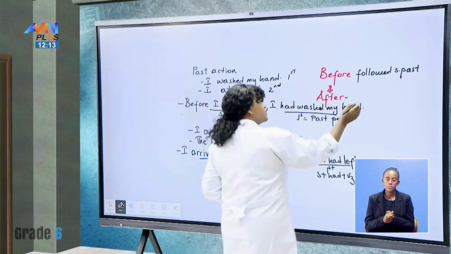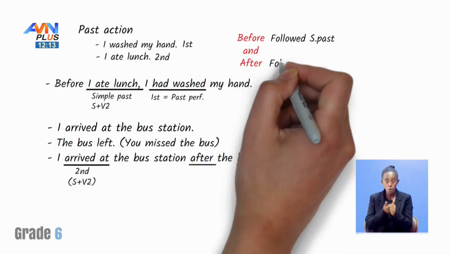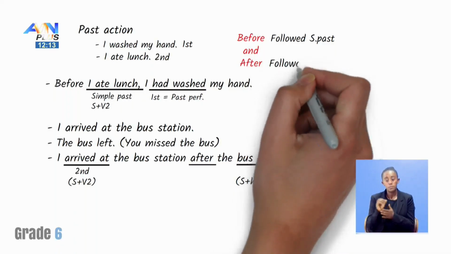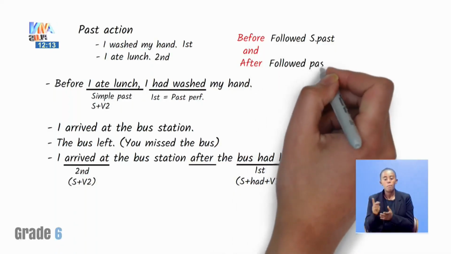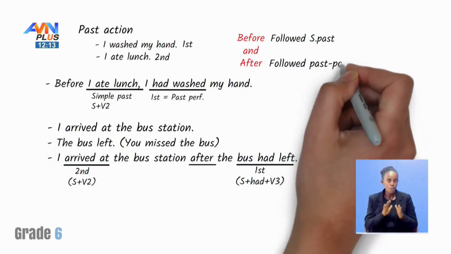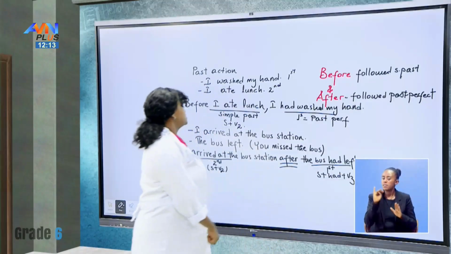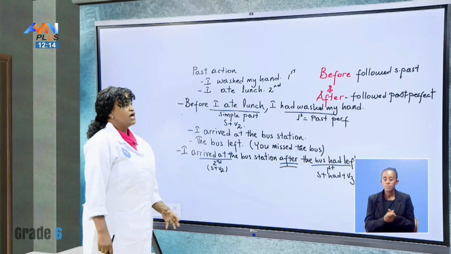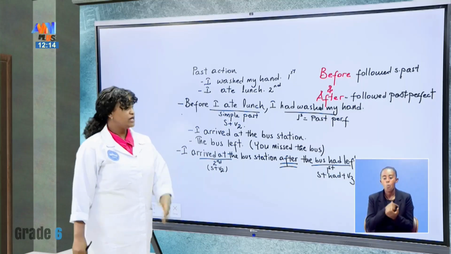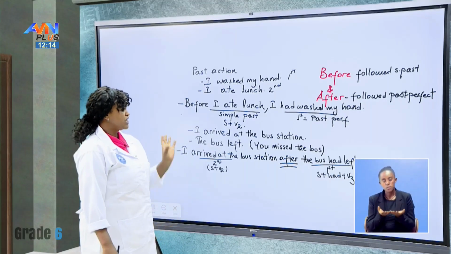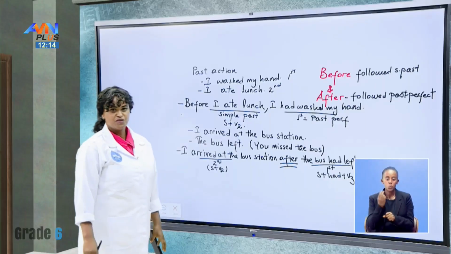And after is followed by past perfect. Good, wonderful. Past perfect. Wow, you're amazing. So this is how we can express two past actions using the past perfect.